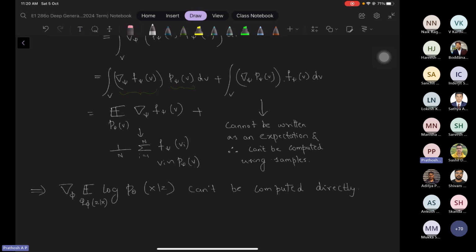Can you all appreciate this fact? Any questions on this? This is the key part. This is where we need what we call the reparameterization, which we will see. But is this clear? Any questions on this?